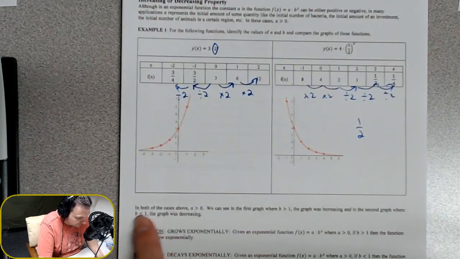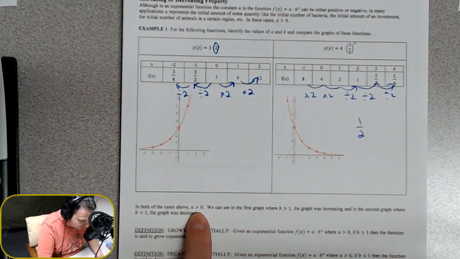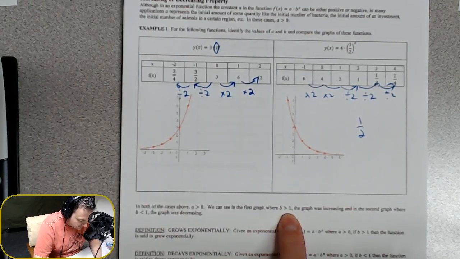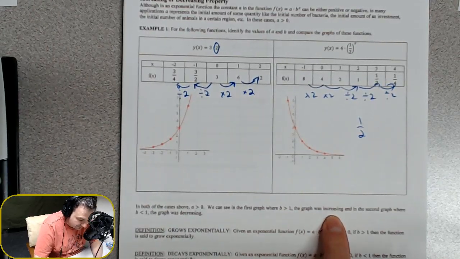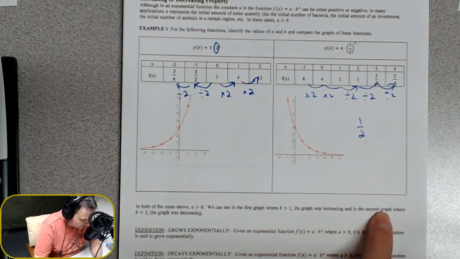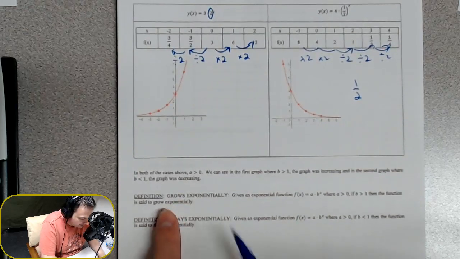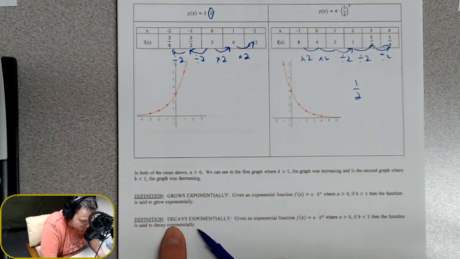Okay, let's read. In both cases, A is greater than 0, which we can see when B is greater than 1, the graph is increasing. And the second graph, B is less than 1, is decreasing. So there's our definitions. We called it growth and decay.